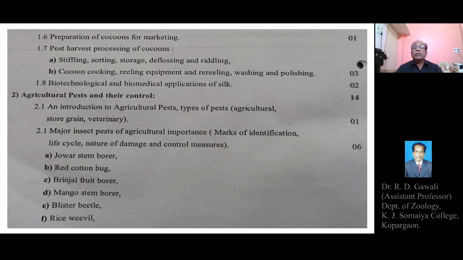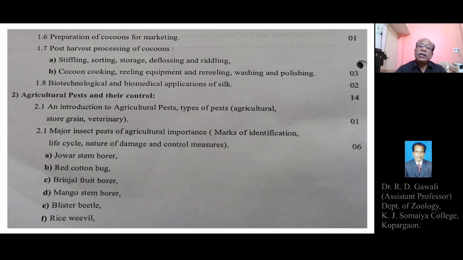So within 3 to 5 days, these cocoons can be harvested after the complete larval development. When the larvae get matured and attain the fifth instar stage, after this stage, the larvae spin cocoons, and the period of spinning of cocoon is only 3 days.